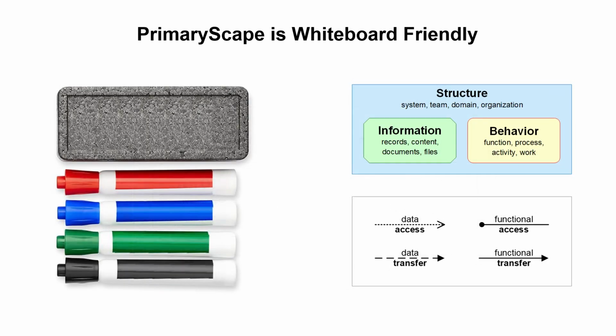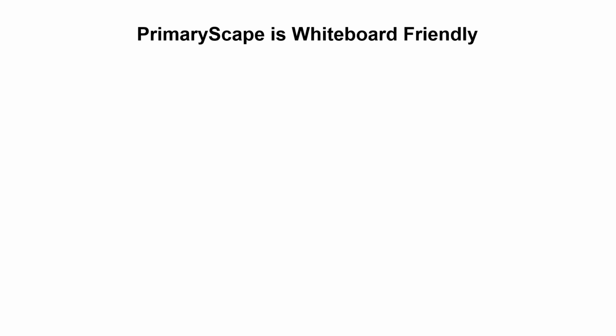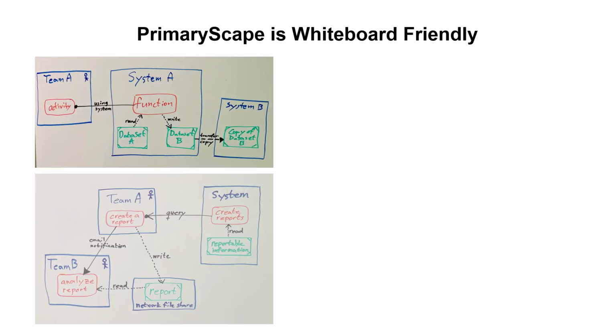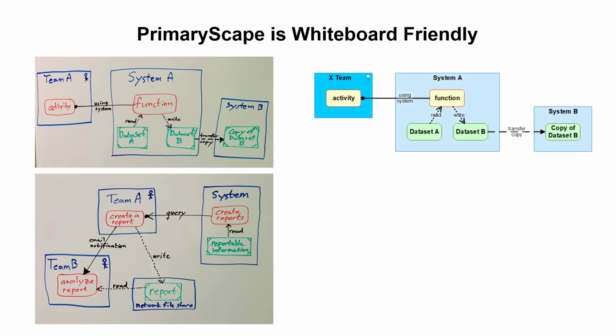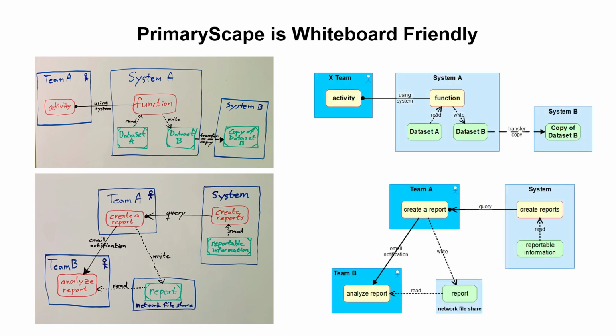With just a little bit of practice, it becomes easy to draw PrimaryScape diagrams on a whiteboard. A whiteboard diagram can then be recreated and cleaned up in your diagramming tool of choice. Here are the two examples, both as whiteboard diagrams and as tool-created diagrams.